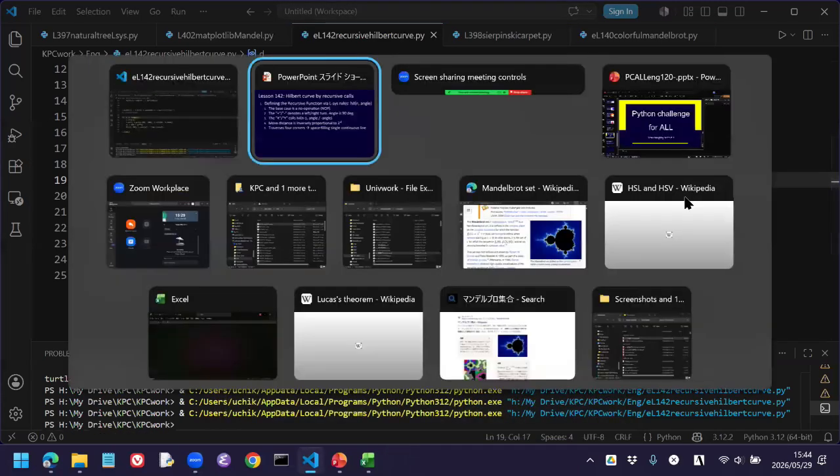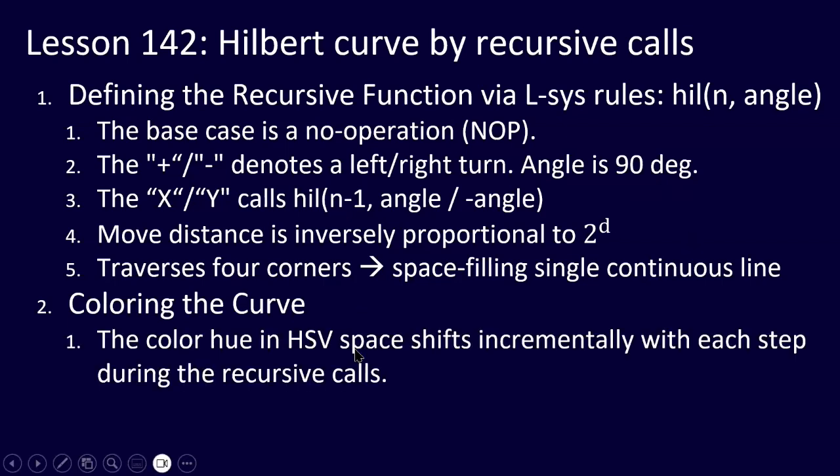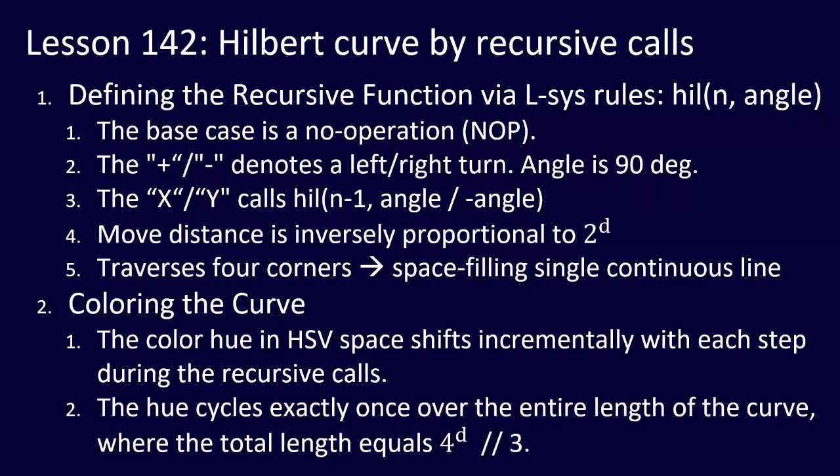So next is coloring the curve. It's simple. We want to change the HSV hue from start to end. Actually, believe me, the whole distance is 4 raised to the d divided by 3. So let's do that quickly.